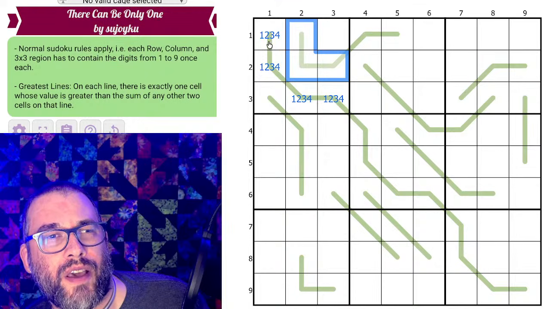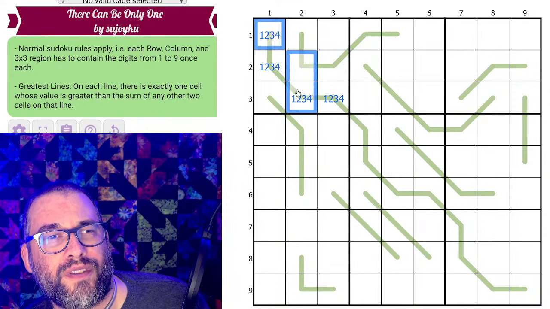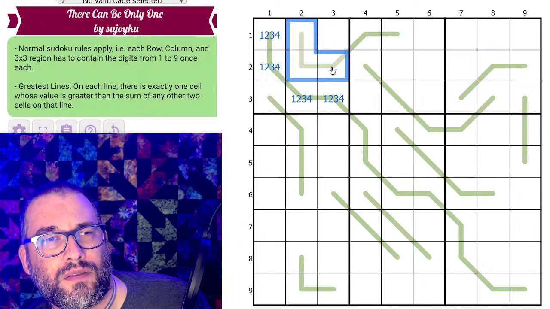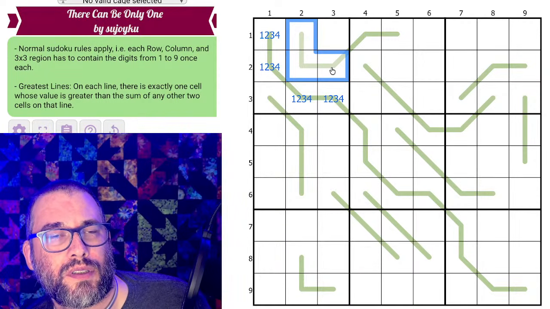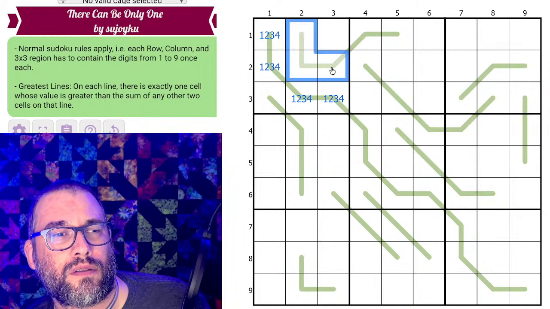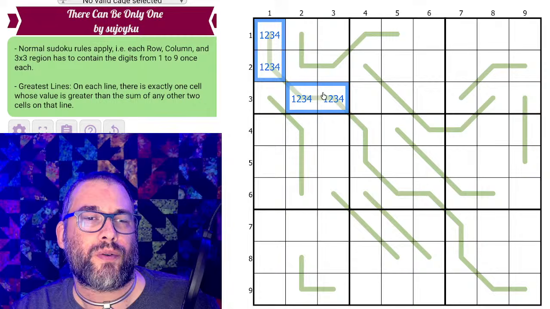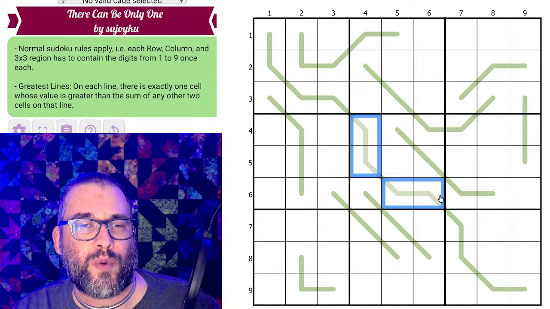So is the punchline that this is going to have to be like 2, 3, 4, 9 with the 1 on this line? So this can't be 1, 2, 3, 4.